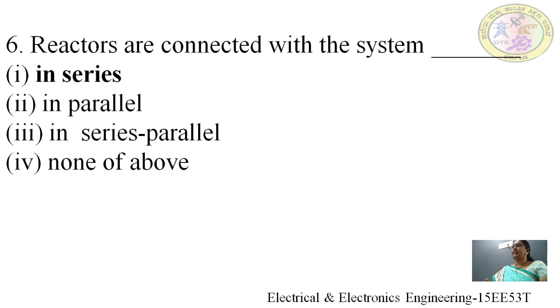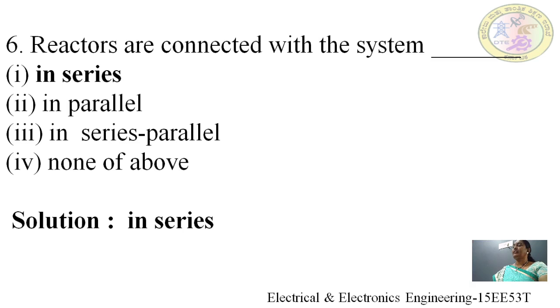Reactors are connected to limit the short circuit current. For that purpose, to limit the current, we have to connect in series. The options are in series, in parallel, series-parallel, none of the above. The answer is series. In series, we connect a reactor in order to limit the short circuit current.